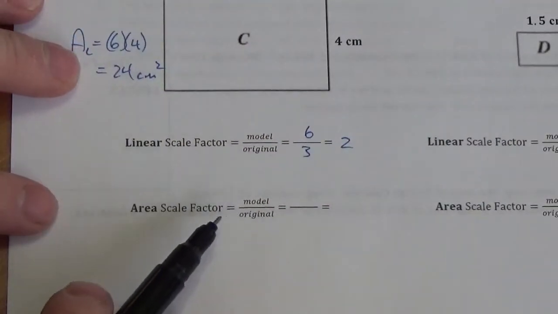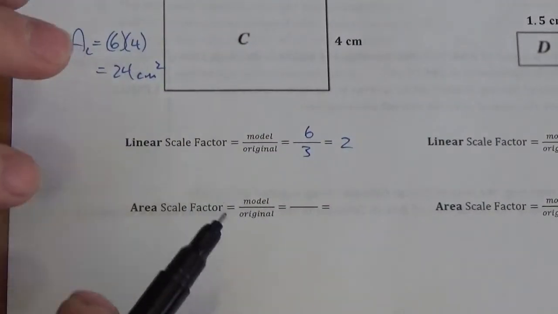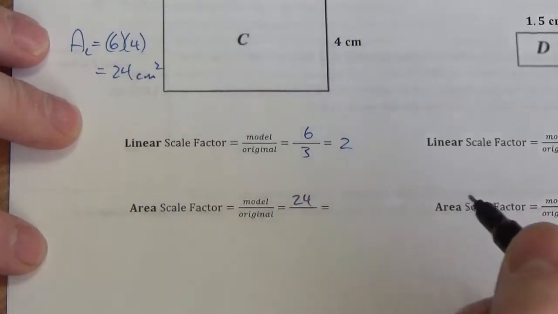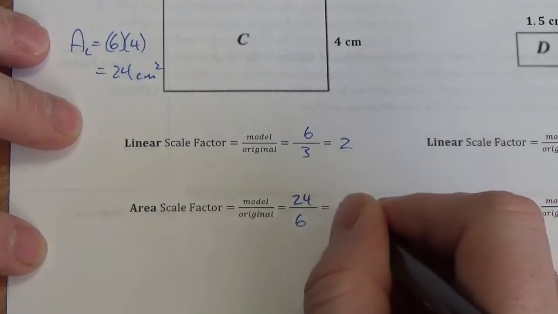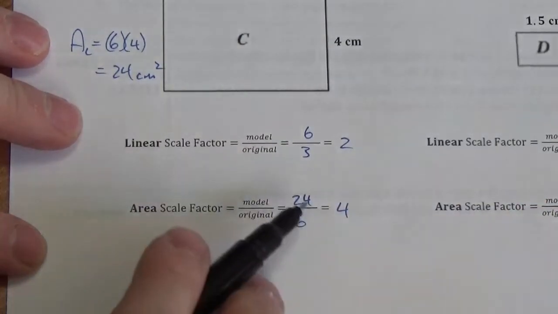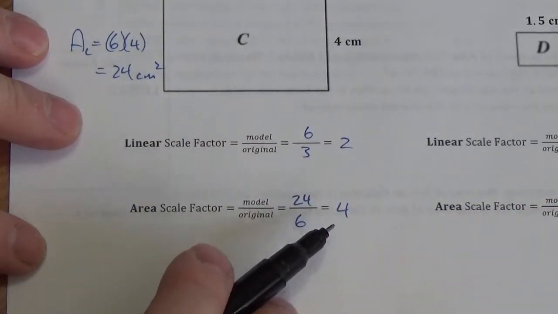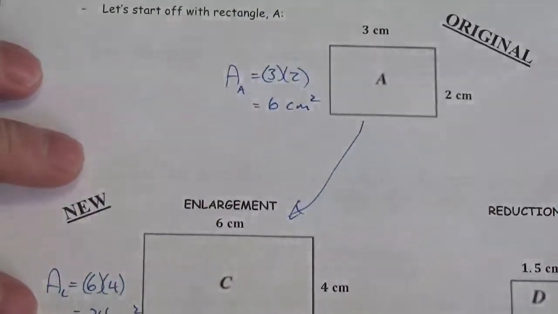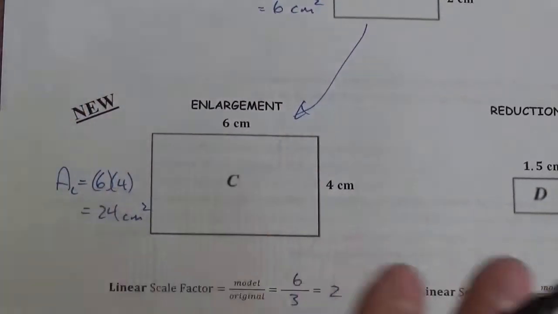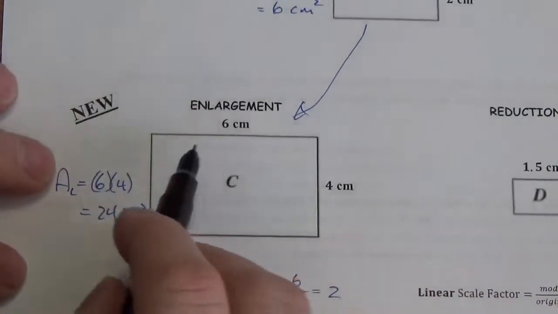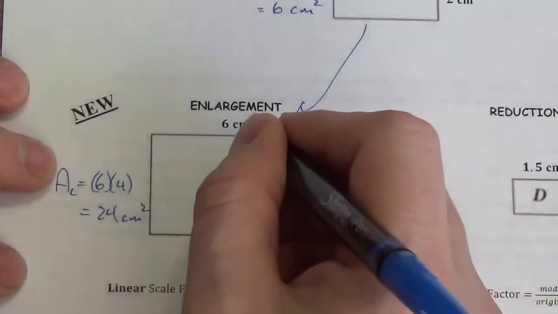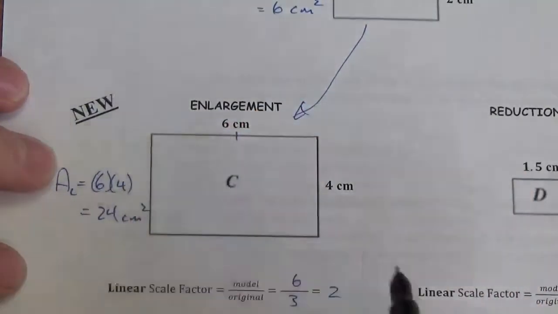If we grab the area scale factor by comparing the area of the new one to the area of the old one, we notice that it's a multiple of 4. This is 4 times as big as this one. And you know what? That makes total sense, because if this has been doubled, if I cut that in half, that is the length of the original.